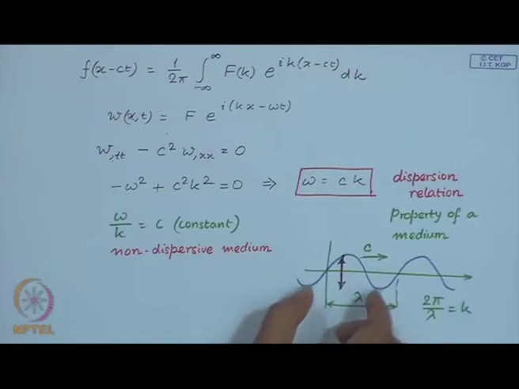As I have discussed, a general pulse can be thought of as a superposition of harmonic waves of different wave number, which means it is a superposition of harmonic waves of different frequency as well, because frequency and wave number are related for a medium. All these waves of different wave numbers are travelling at the same speed, independent of the wave number or the frequency.